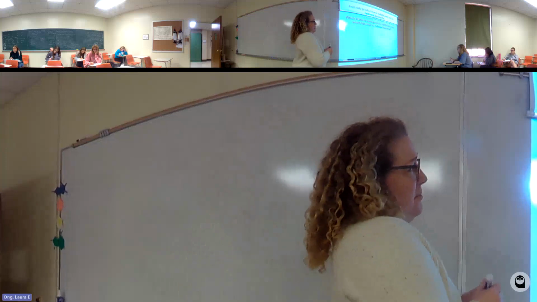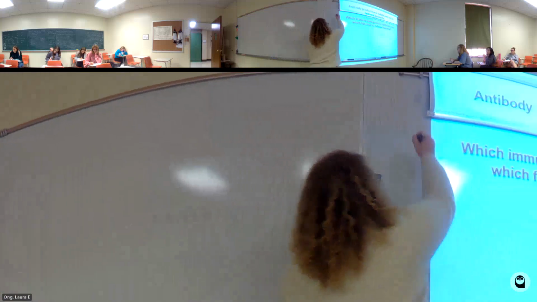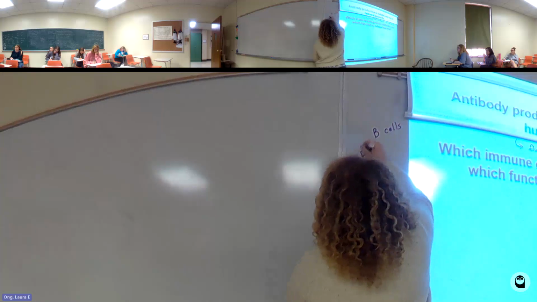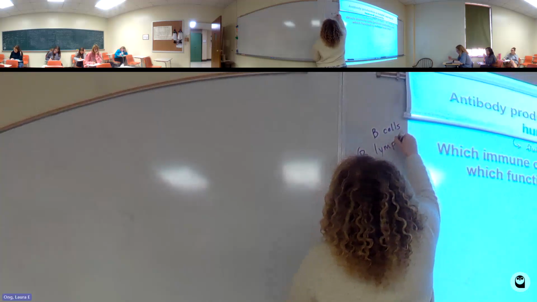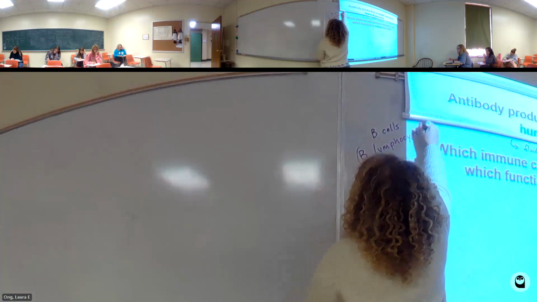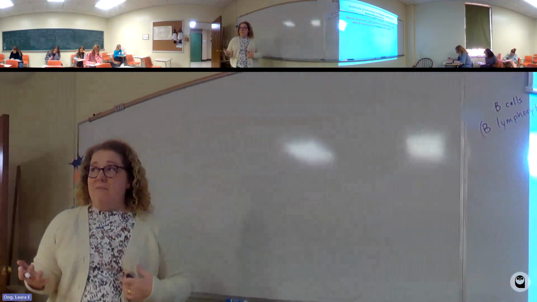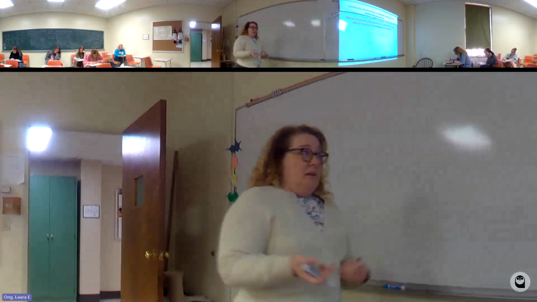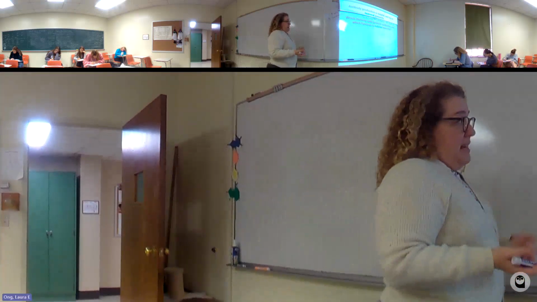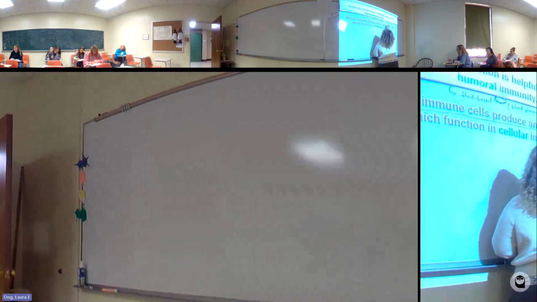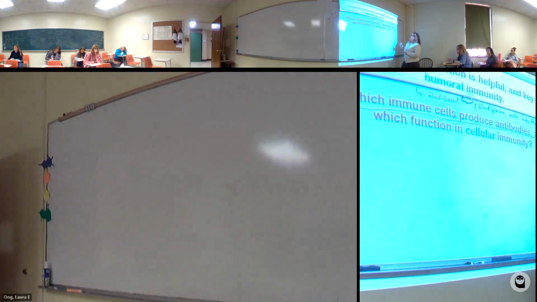So humoral immunity comes from B cells or B lymphocytes. That's one type of acquired immunity that we have, the humoral type that uses antibodies and uses B cells or B lymphocytes.